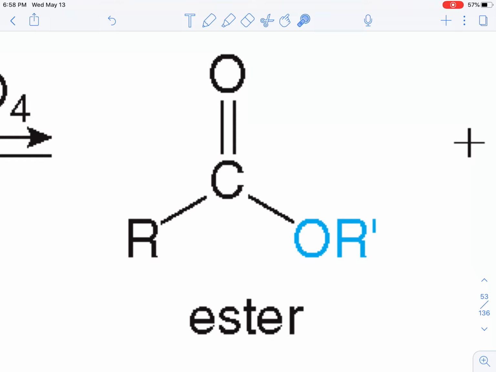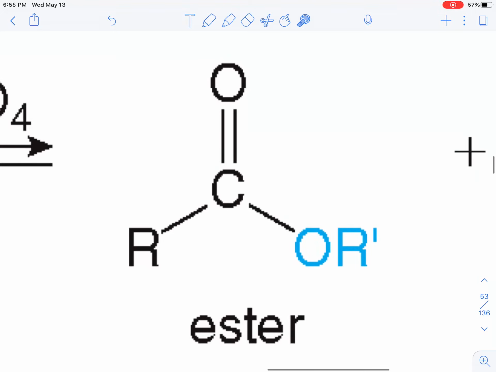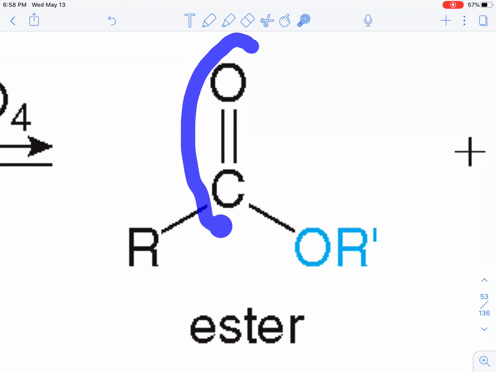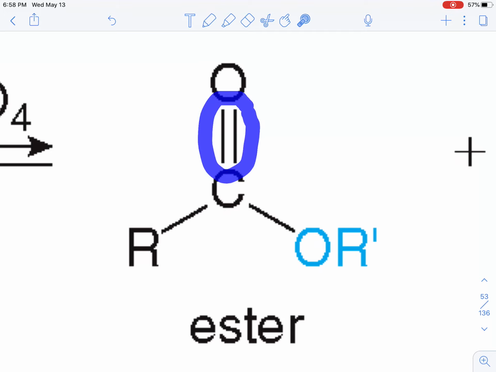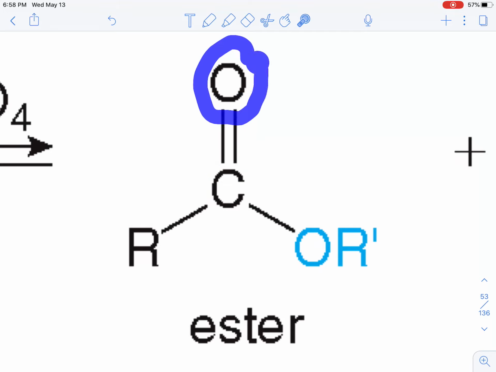And so esters belong to the carbonyl family, meaning that it has this distinctive carbonyl group embedded in its structure. This carbonyl group contains a carbonyl carbon that's sharing a double bond to the carbonyl oxygen.